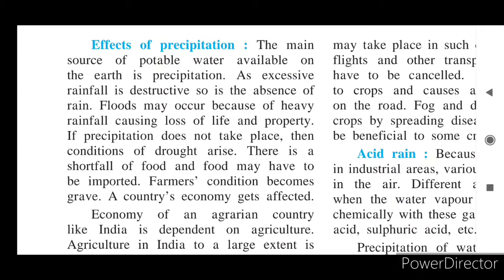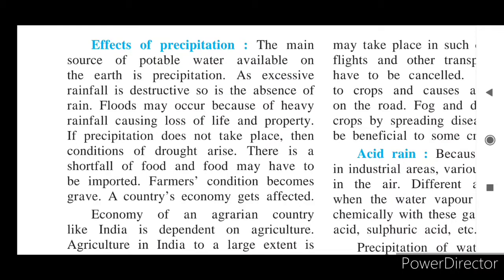How is it loss of life? See, because of the drought, there will be a shortage of food and other things. Food may have to be imported. Farmers' condition becomes grave. A country's economy gets affected.